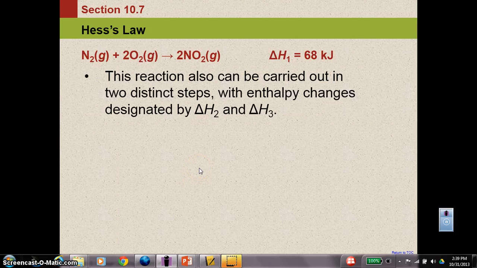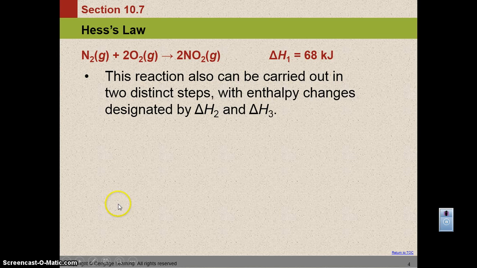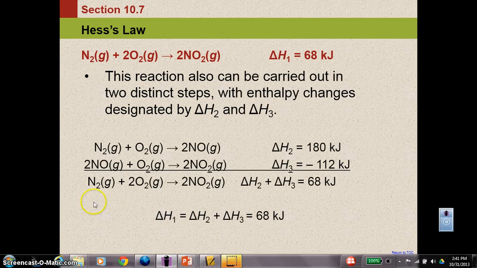So here's an example of a reaction, and it is an endothermic reaction because it's going to take in 68 kilojoules. And it says this reaction can also be carried out in two distinct steps with enthalpy changes, and we designate those by the ΔH2 and ΔH3 that we're going to see here.